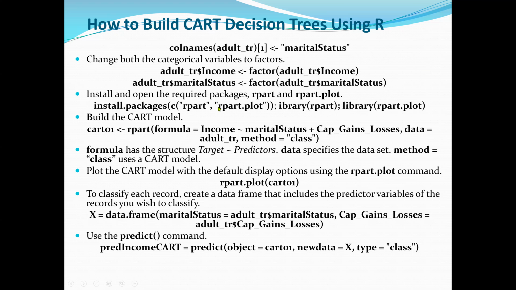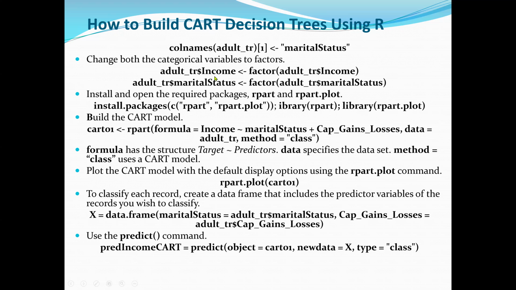So if we use 1 at the end of colnames a.tr, it will isolate the variable name for the marital status. That's the first variable.